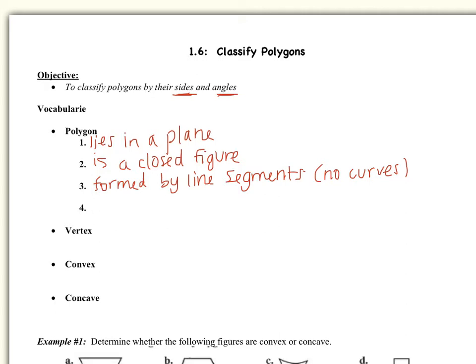And then the last property is that each side intersects exactly two sides. So each side intersects exactly two sides. And we're going to see a few examples where that is not the case, so we can see that property more clearly.